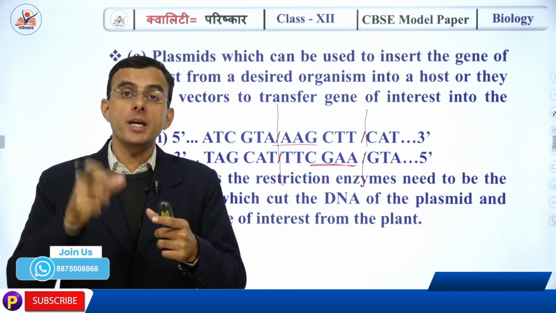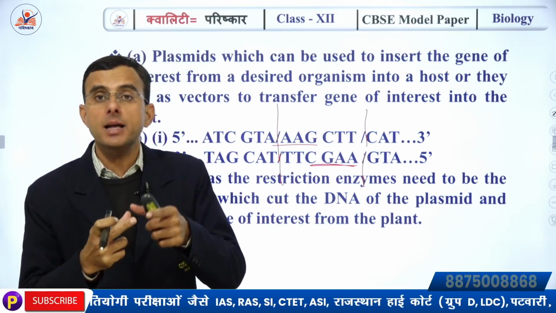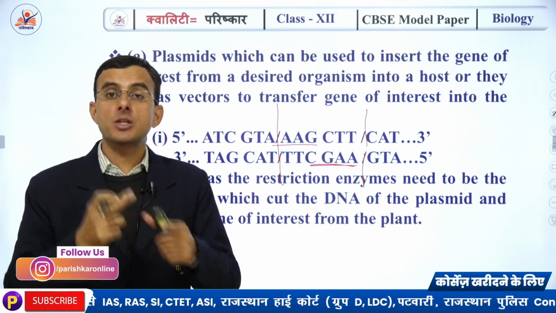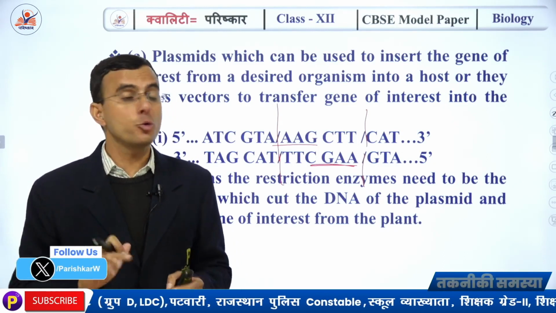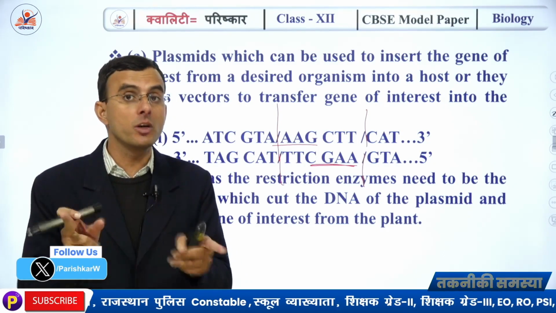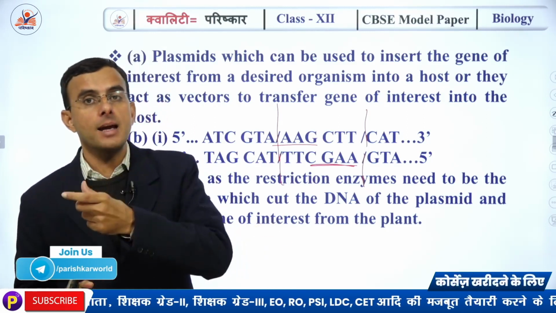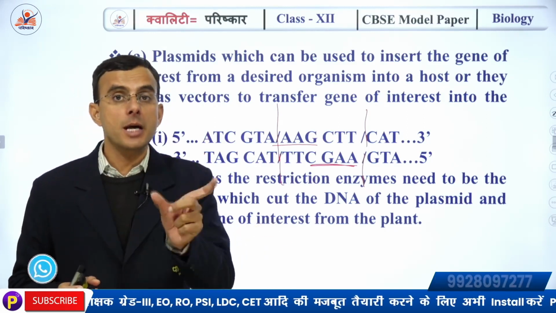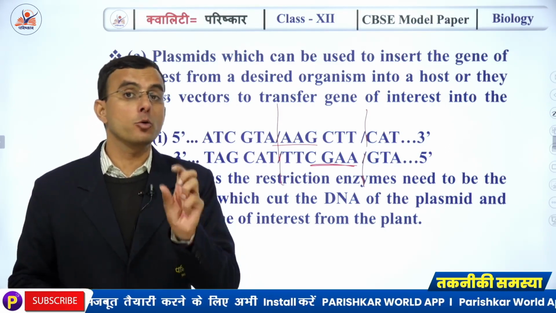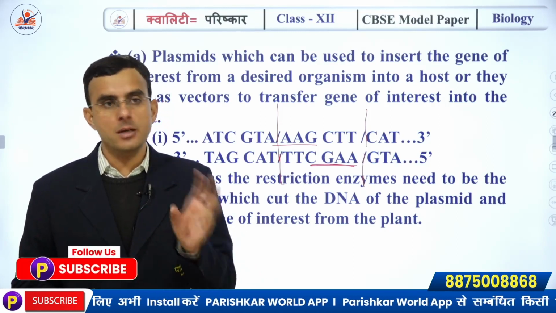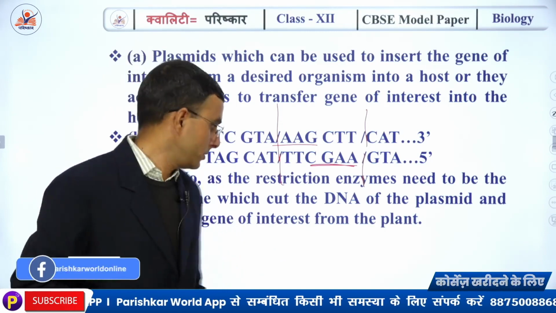That means we have to cut that plasmid and the segment of gene with one restriction enzyme. We are not able to use two different restriction enzymes. We have to cut both plasmid and that gene with the same restriction enzyme. We are not able to use two different restriction enzymes for the same segment of plasmid and DNA.